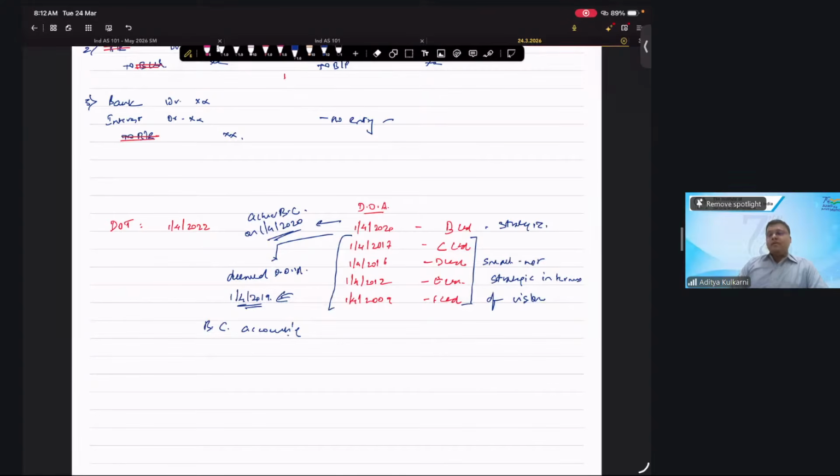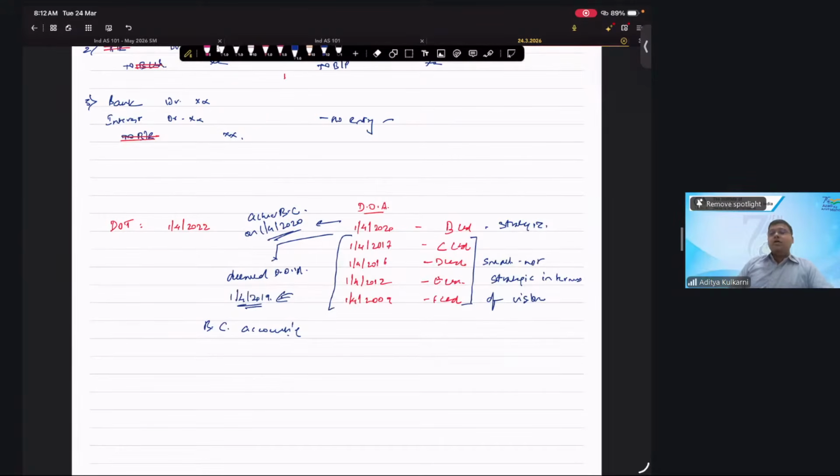Yes, sir. That means what will happen is for B Limited, you will find the fair value on the date of acquisition, that is on 1st April 2020. You will find fair value of consideration on 1st April 2020. You will find fair value of net assets on 1st April 2020. If there is contingent consideration, you will find the fair value of contingent consideration on 1st April 2020.